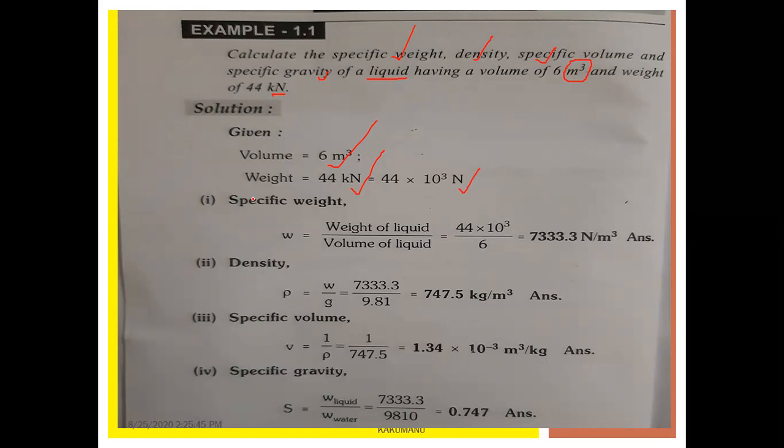Then what is the specific weight? The specific weight W is equal to weight of the liquid by volume of the liquid, as I already mentioned in the earlier formula.